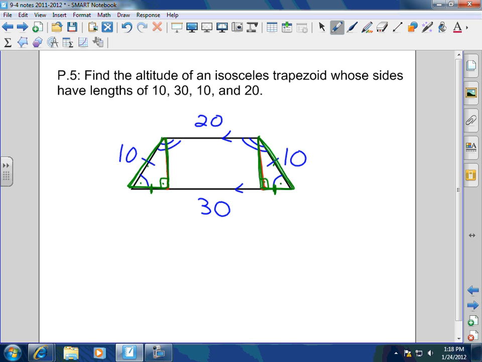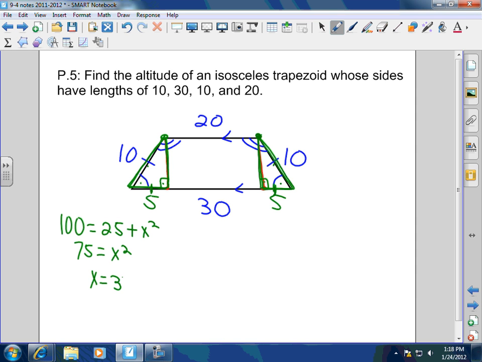Well, then let's think about this. If from here to here is 20, and down here is 30, don't I have 10 left over? But don't I have to split that in half? So 5 and 5. Now there is not a special Pythagorean triple for this, so this is easy. 100 equals 25 plus x squared. 75 equals x squared.